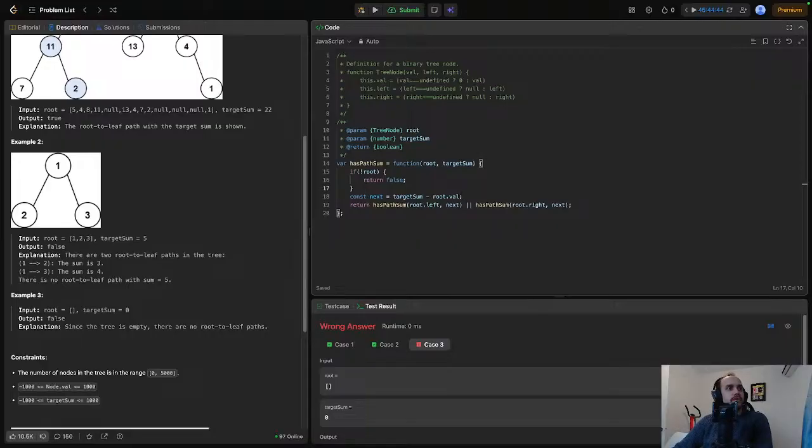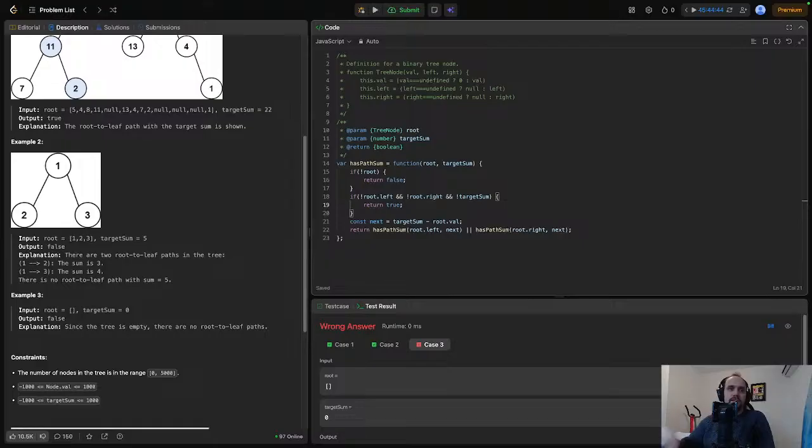Then we need to see if we're at a leaf. We'll say if not root.left and not root.right and not target sum, return true.